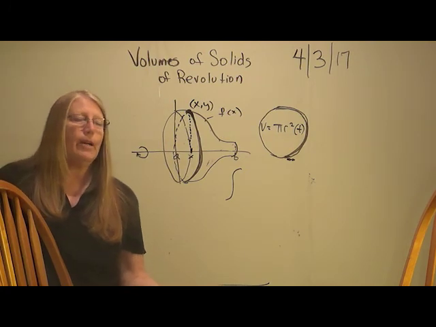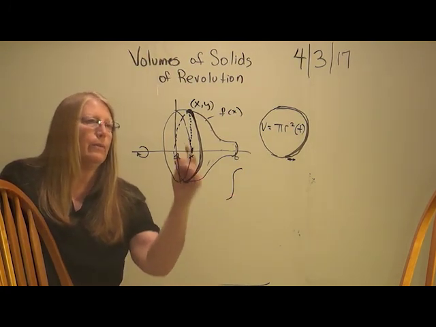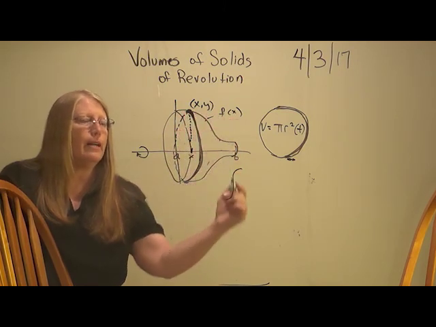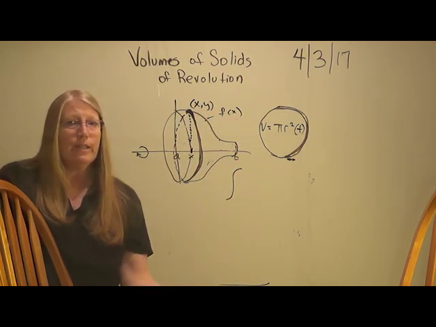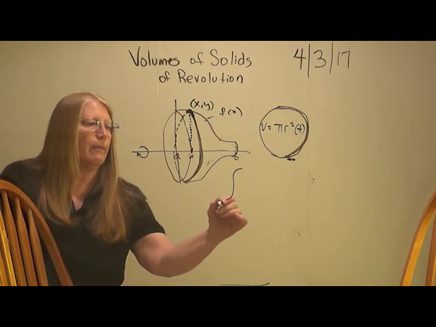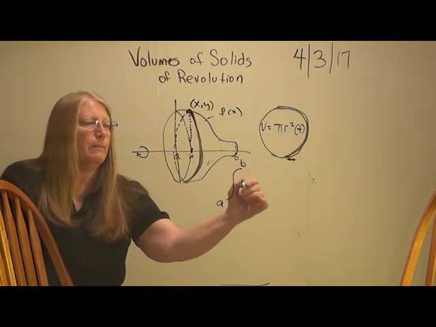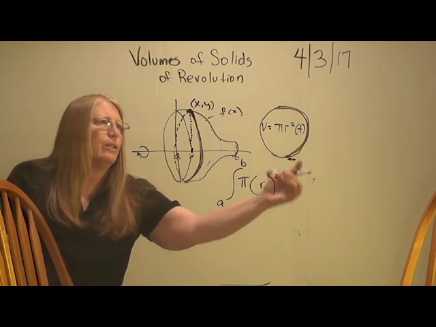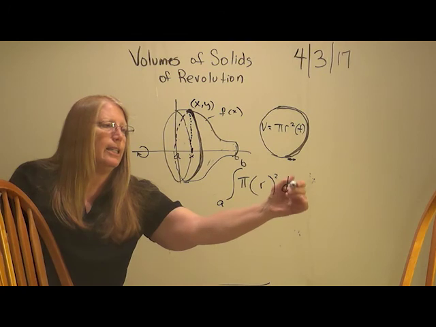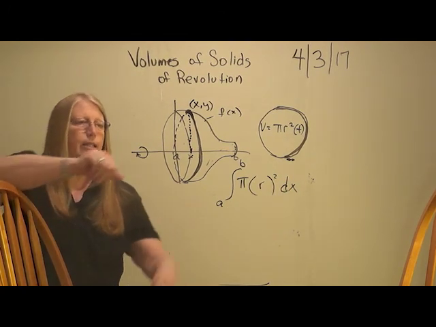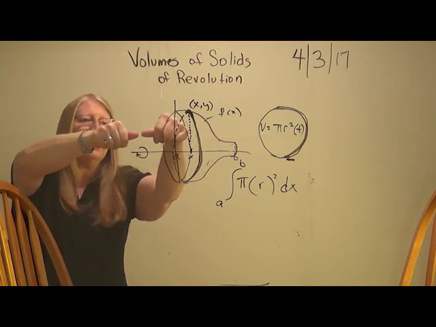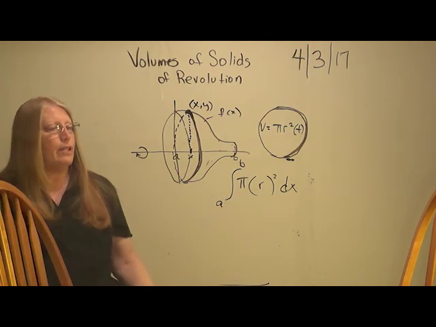And I'm going to add them all up, the infinite number, with the integral. And the slices are going to start at a, and there's going to be an infinite number of them. They're all circular cylinders, and they're going to add up from a to b, and they're going to be pi r squared. And when I get to the thickness, I'm going to call it dx, because the distance between my thumbs is infinitesimally small, and it's on the x-axis, it's a change in x. So I have dx.